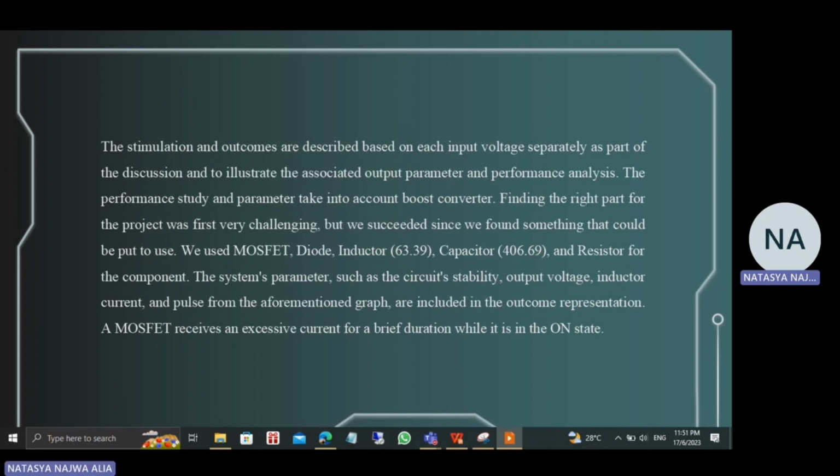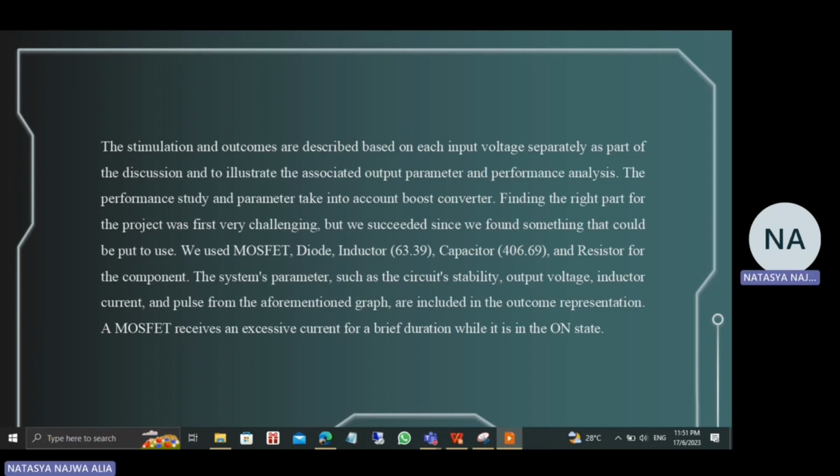Finding the right parts for the project was very challenging at first, but we succeeded since we found something that could be put to use. We use a MOSFET, diode, inductor, capacitor, and resistor as components.